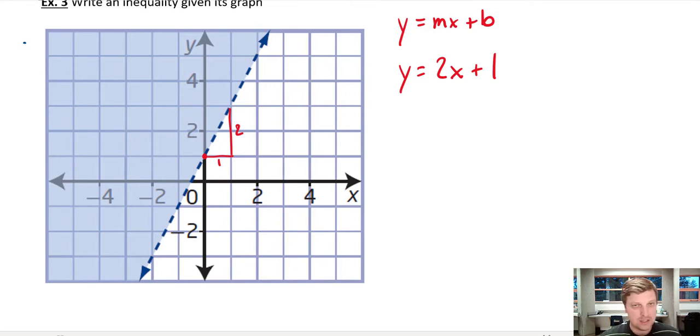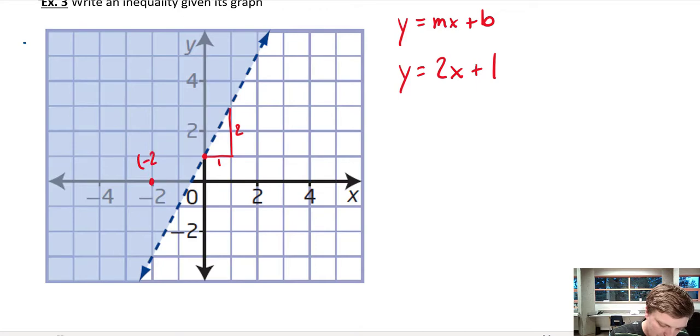But of course, this isn't going to be an equation because it's an inequality. And so we've shaded one region and not the other. So what I might do is pick a point just to compare, and you can choose any point you want, but I'll choose a point that's in the shaded region, and then I'll see what that tells me about my inequality. Maybe I'll choose this point right here.